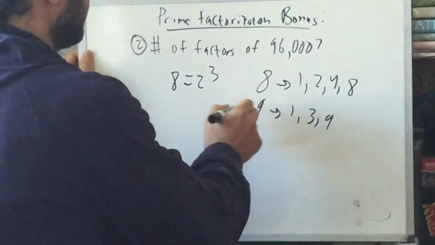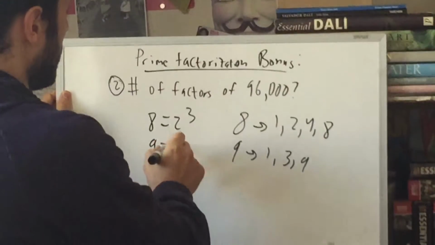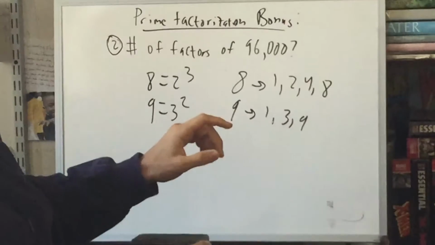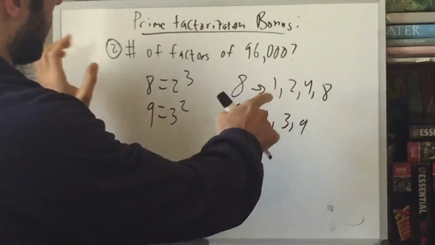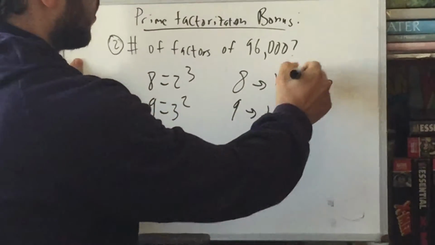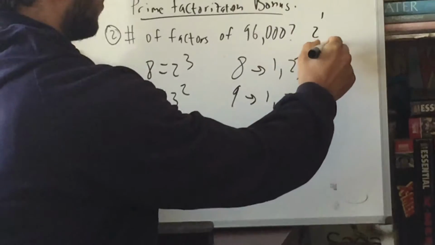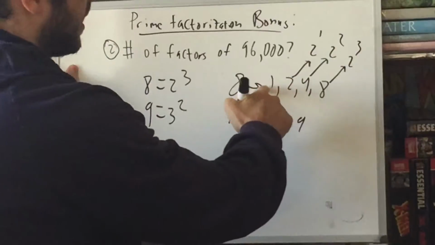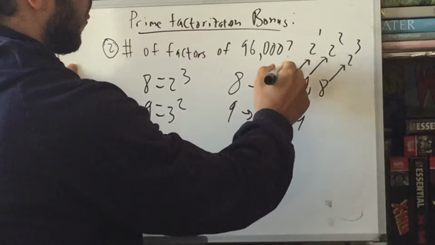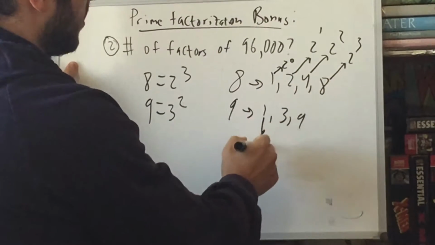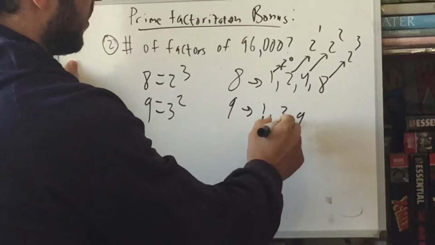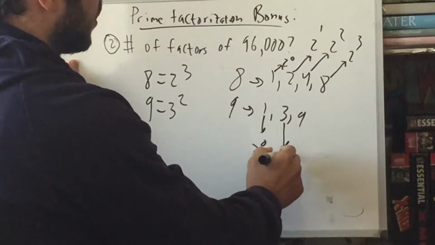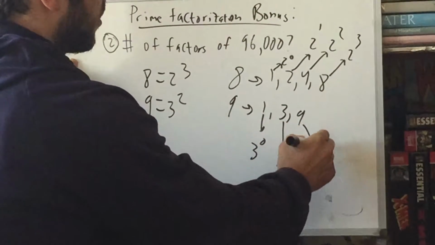It's 2 cubed. 9 is 3 squared. So if you notice, this is 2 to the 0, 2 to the first, 2 to the second, 2 cubed. This is 3 to the 0, 3 to the first, and 3 squared.